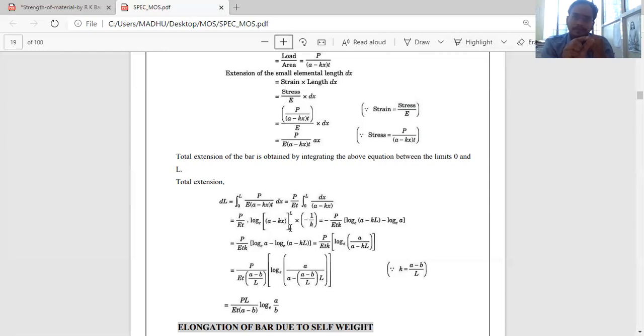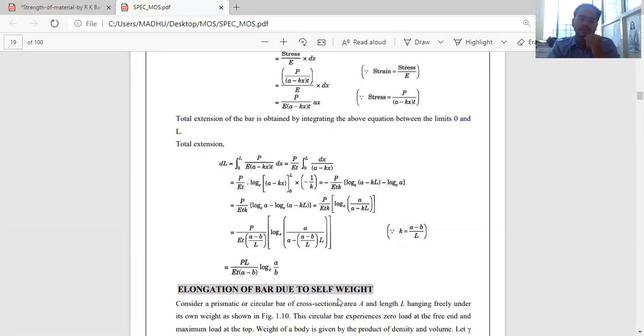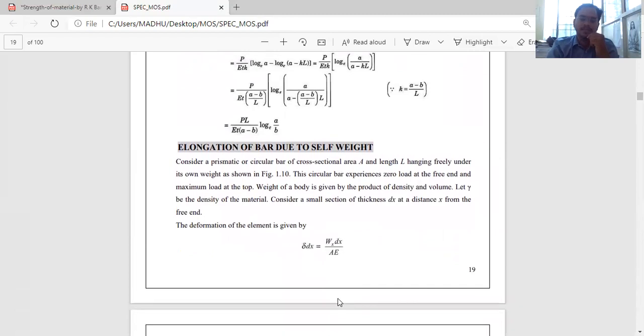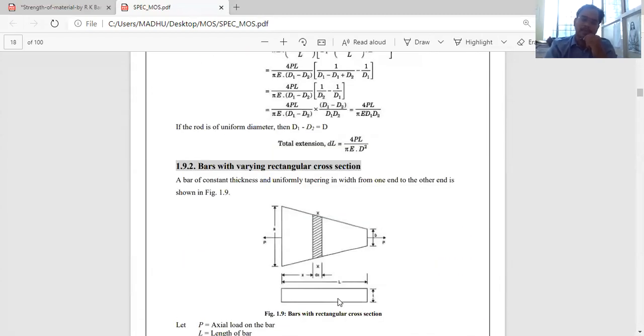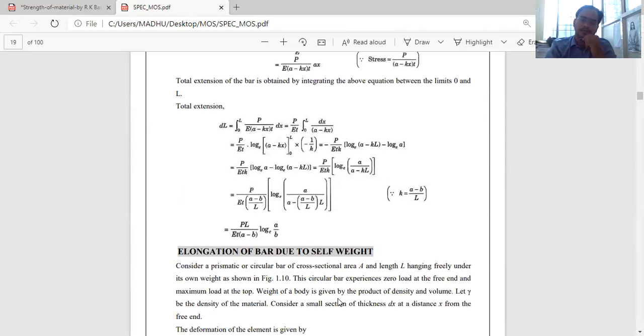When you find the strain of that element, you integrate it within the limits, then you will get the final value. Here it is PL by Et (a minus b) into log a by b. This is the overall change in length, that is elongation, in a tapered rectangular cross sectional bar.